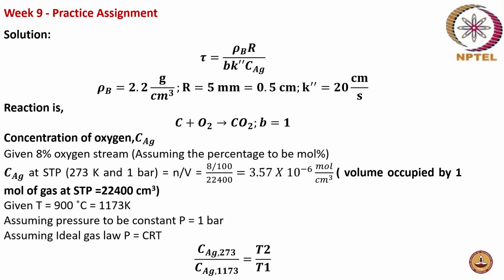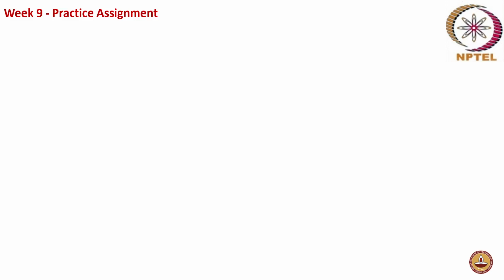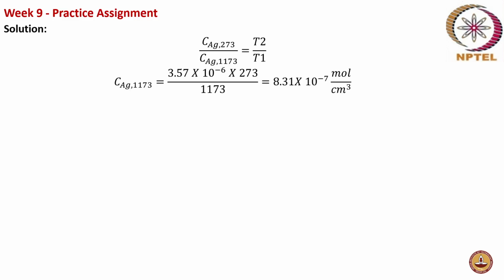So CAG at 273 by CAG at 1173 is equal to T2 by T1. We know T2, which is 1173, and T1, which is 273. So CAG at 1173 is CAG at 273 into T1 divided by T2.